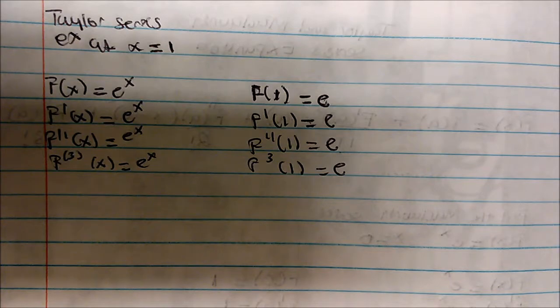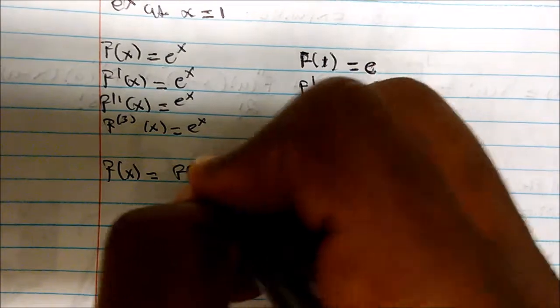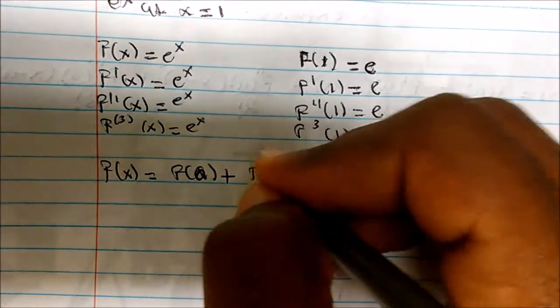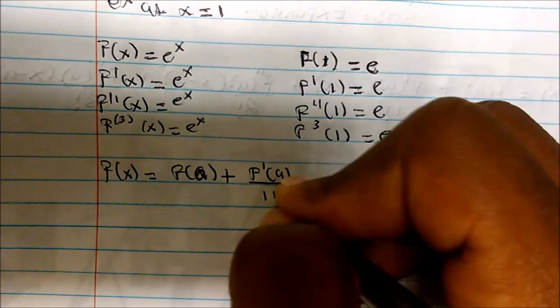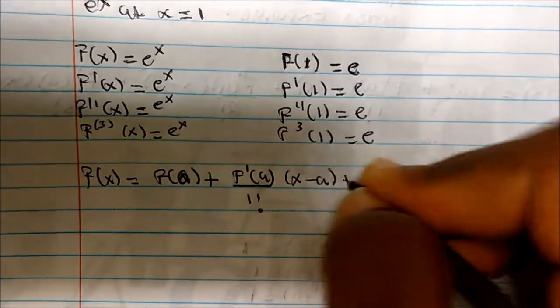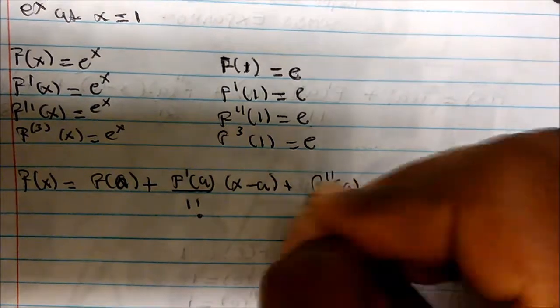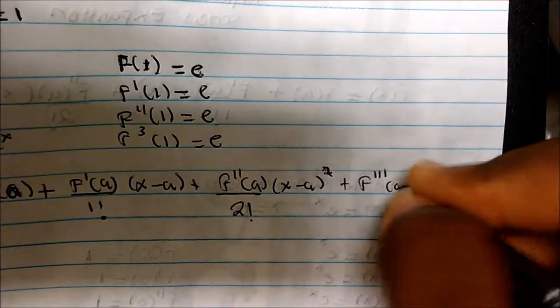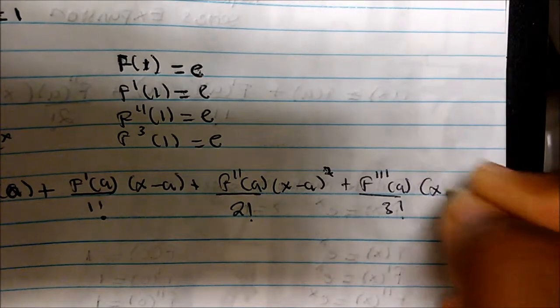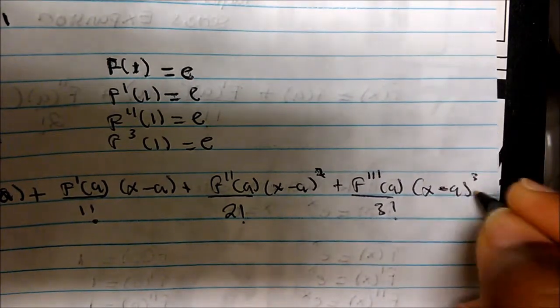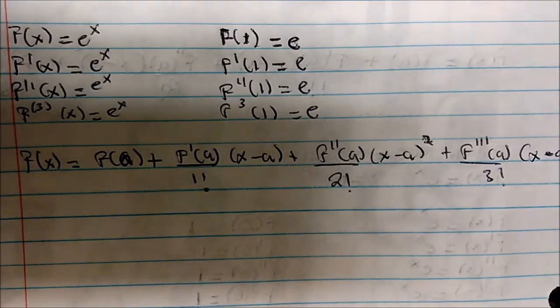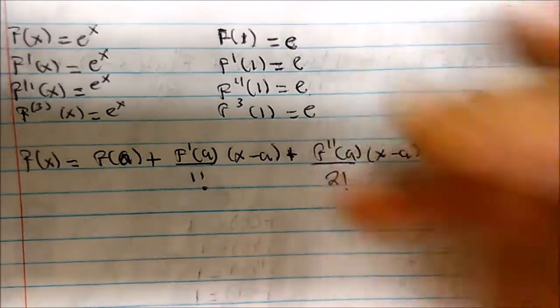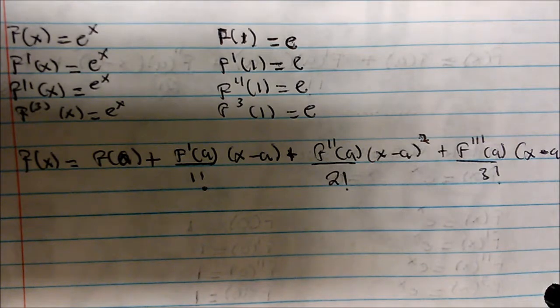The formula says that to expand the function, we're going to say this is f of a plus f prime of a divided by 1 factorial times x minus a, plus f double prime of a divided by 2 factorial times x minus a squared, plus f triple prime of a over 3 factorial times x minus a cubed. And again, we could go on and on. Now, some teachers will allow you to stop here. Some teachers actually want you to expand the function at all costs.